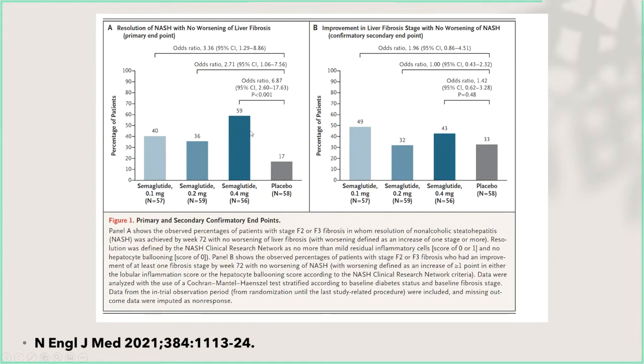However, when you look at improvement in fibrosis with no worsening of NASH, there is some response, but really not as much of an improvement. So it certainly had an impact on NASH with no worsening of liver fibrosis.